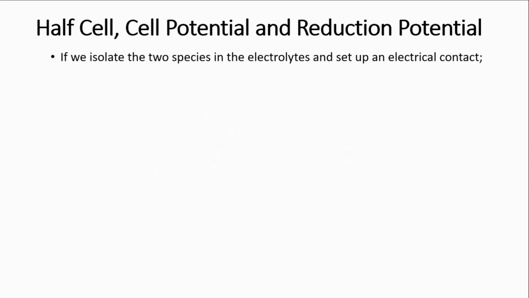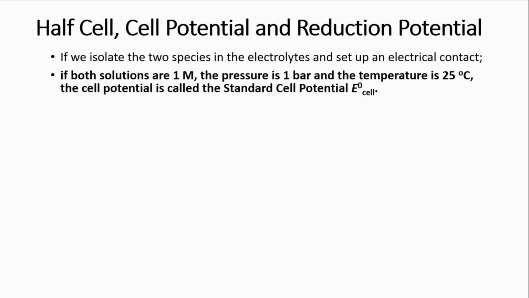Now, let's talk about half cell potential and reduction potentials. If we isolate two species in the electrolyte and set up an electrical contact, if both solutions are 1 molar and the pressure is 1 bar and the temperature is about 25 degrees Celsius, the cell potential, that is the potential that you read on the voltmeter, is said to be the standard cell potential, right?